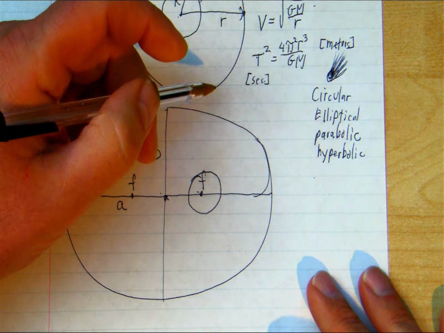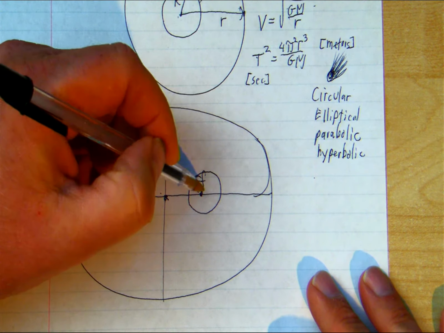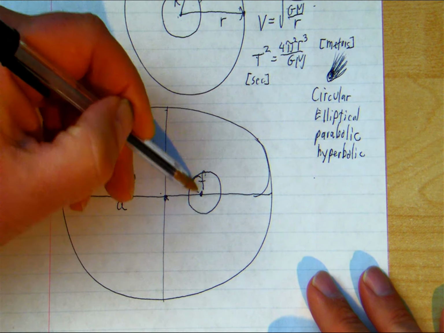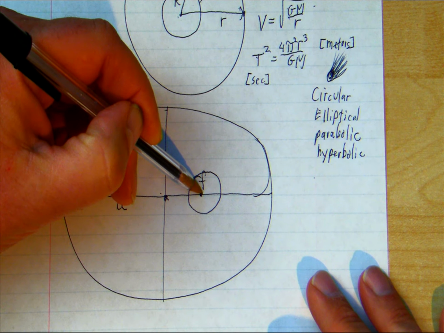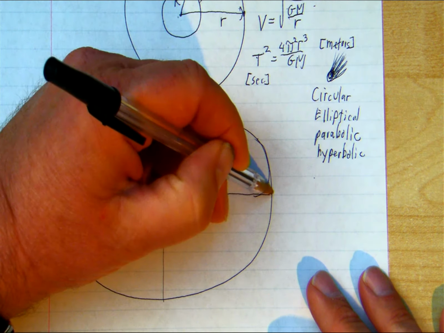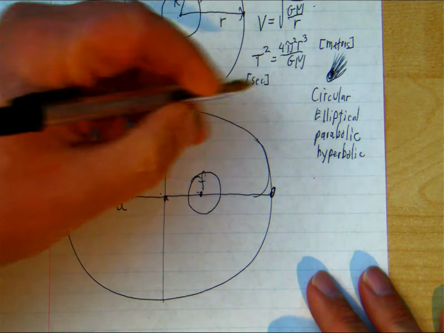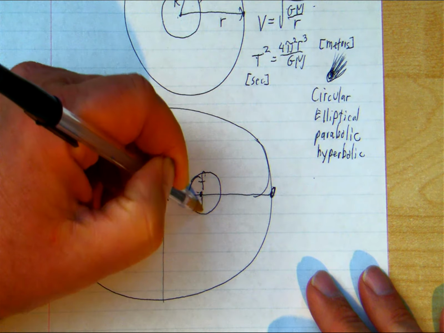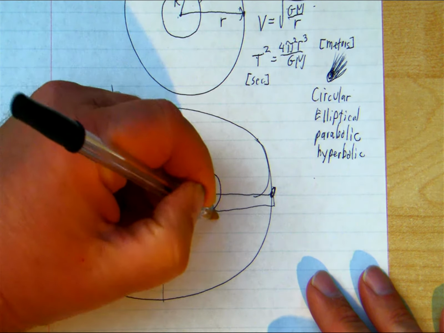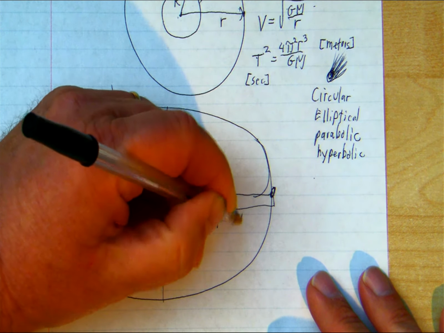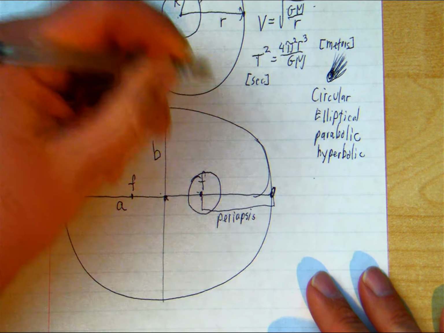A term for you to learn right now is a name for the shortest distance from the center of the central body to an object orbiting it on an elliptical orbit. That shortest distance is named the periapsis distance.